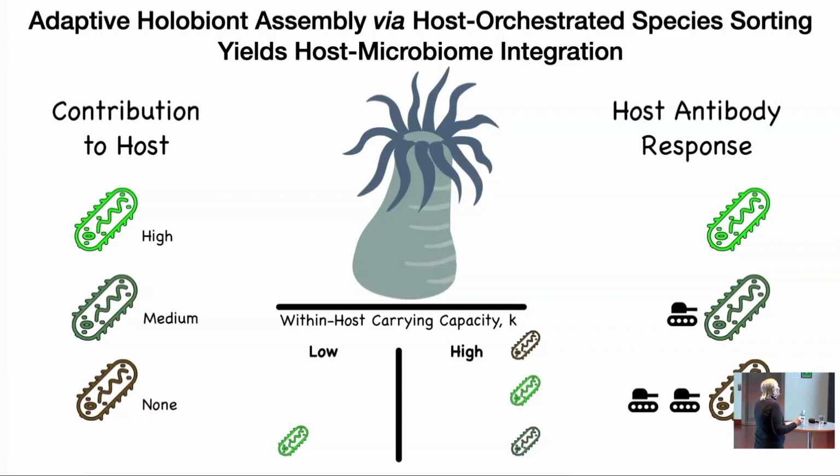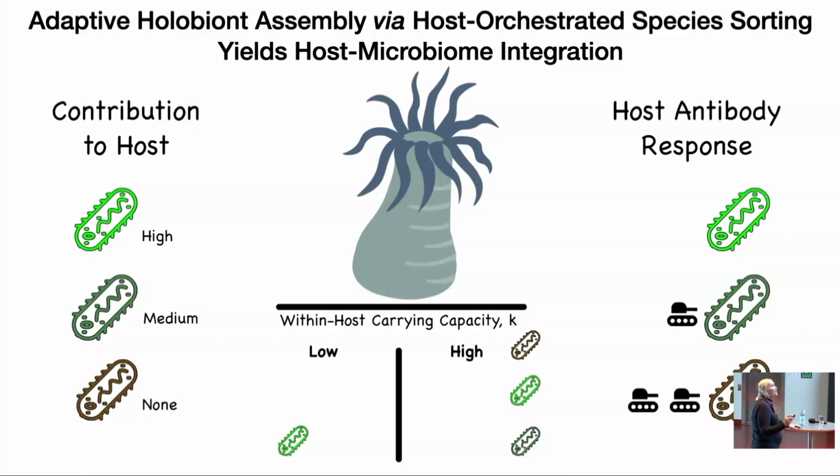So consider three types of microbes. One which contributes a lot of its carrying capacity, so gives up some of its carrying capacity to help the host. And this gives less, and this one gives none. And the within host carrying capacity K is either low in one situation or high in another situation.